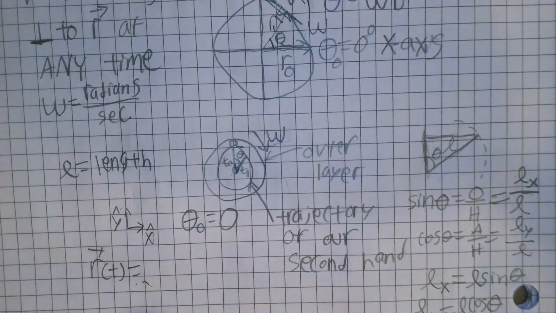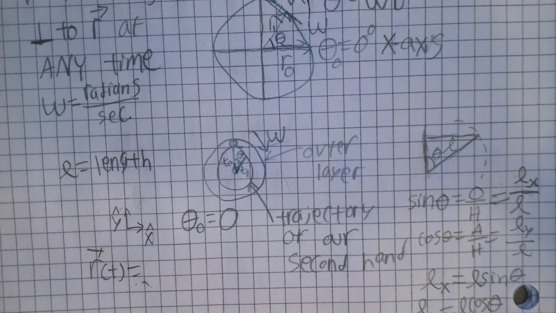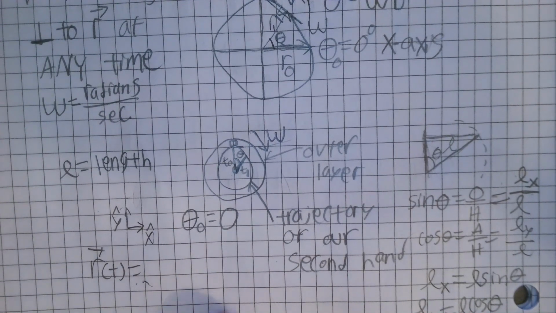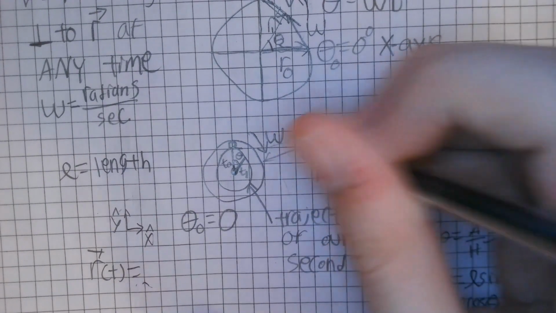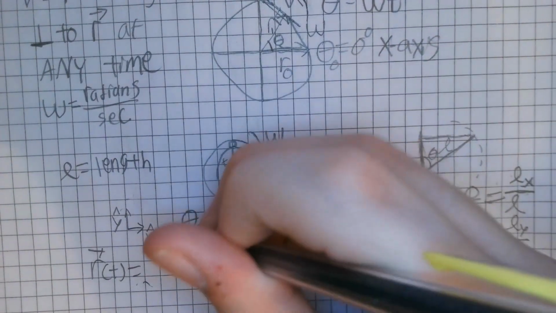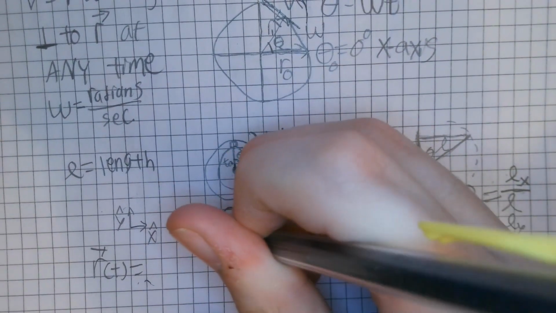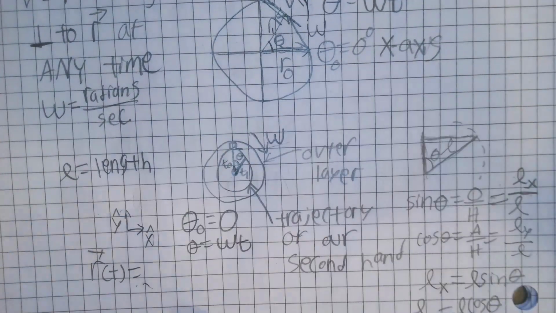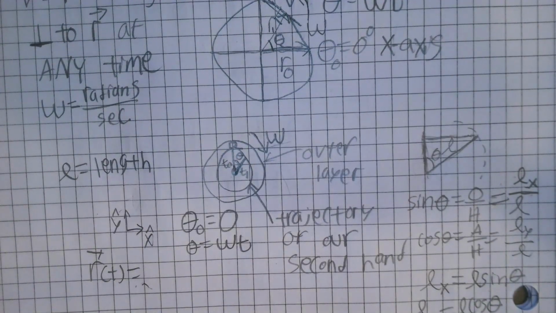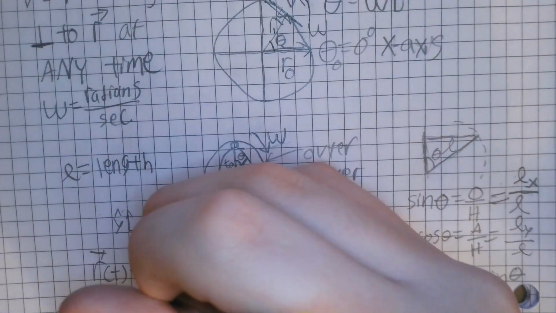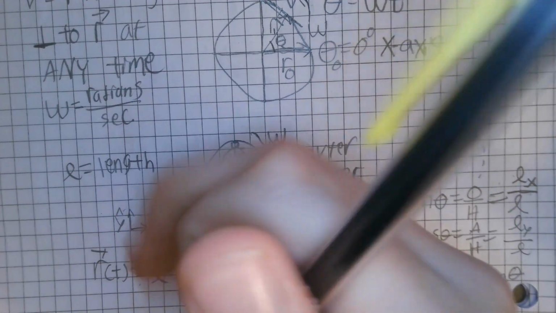So now if we want to write our position as a function of time, okay, we are going to say that, considering our initial angle equals 0, our angle theta equals omega times time, angular velocity times time. And it's going to be in the x direction.